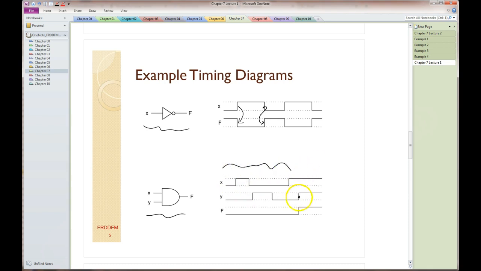But when this input goes high, this input is already high, and we get the output switching from low to high. Once again, this is the annotation, shows causality. I've used these two dots to show that these two signals both being high cause the output to switch.